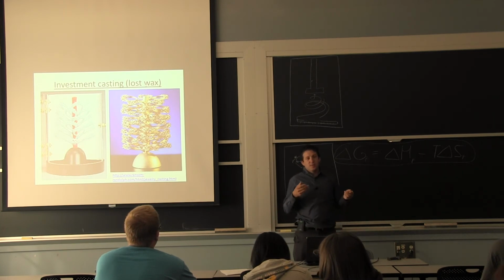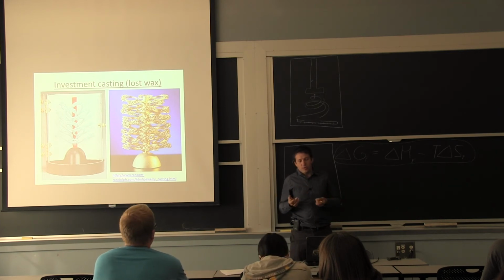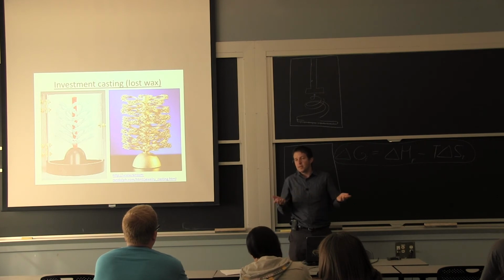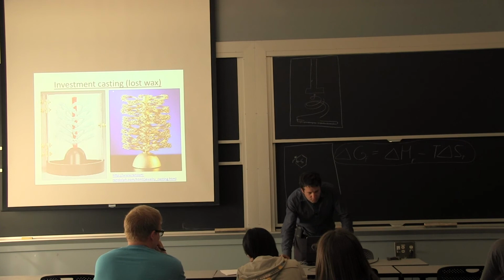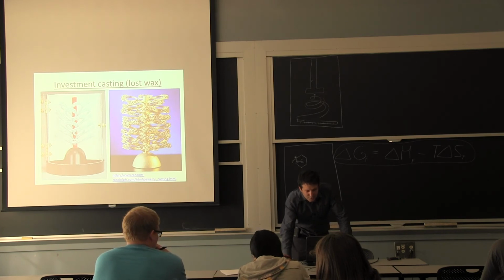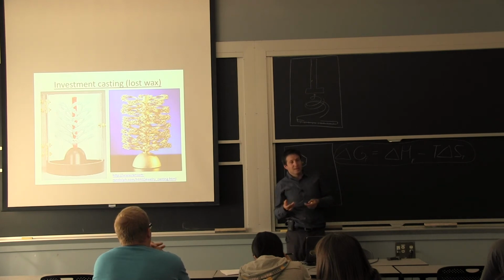Everything else is relatively the same, so you can sculpt these wax patterns or you can have molds to make the wax pattern, a permanent mold that you just fill, make the wax, open it up, and then you assemble it. Here you can essentially fuse the wax and make the geometry that you want, and then you pour in slurries of different composition depending on the temperature.